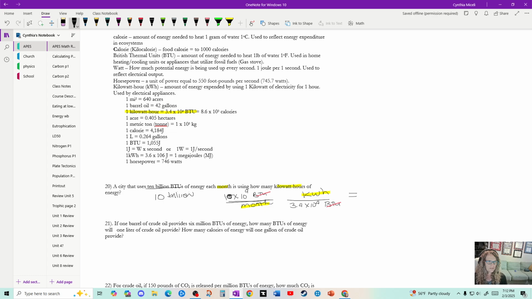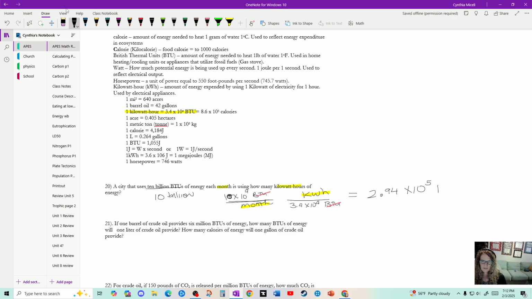Okay. So I got 2.94. I'm rounding to just 2 after this decimal. All those other numbers, it's okay. Times 10 to the 5. But I have to put my units or I don't get credit.